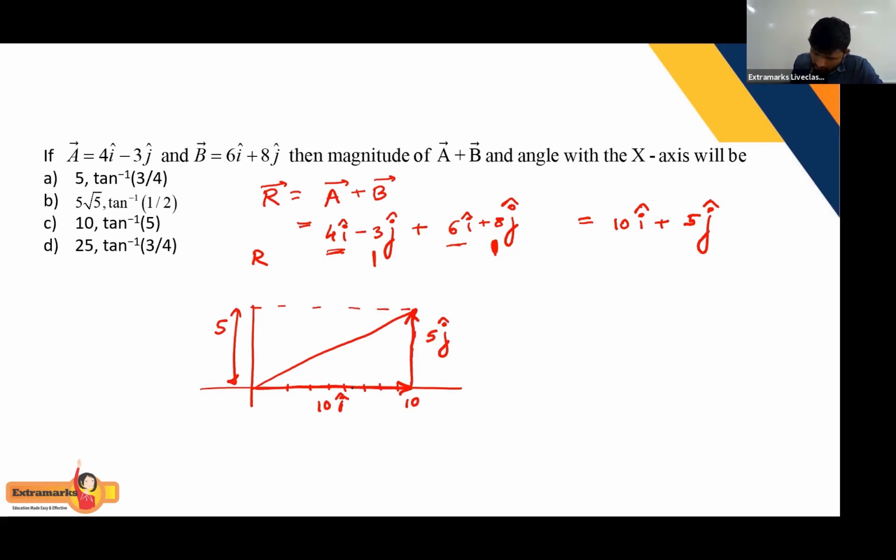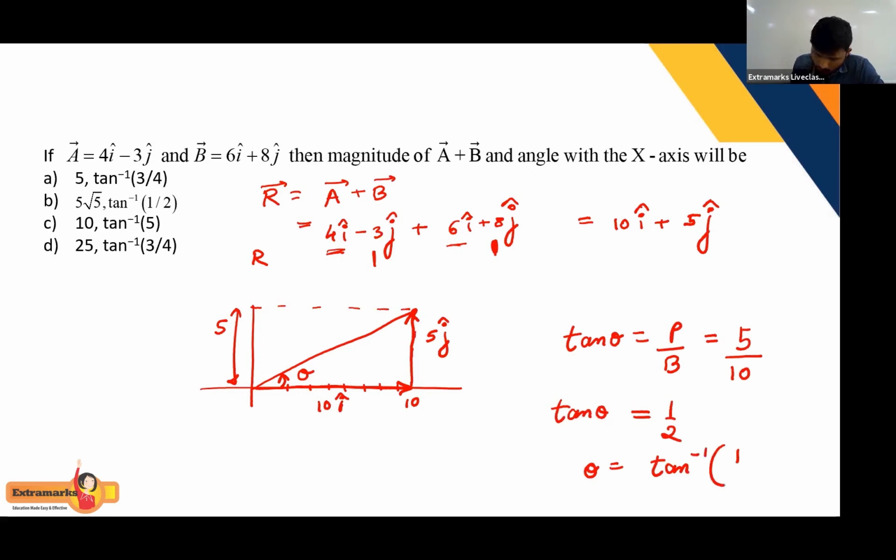Now I want to find this angle theta. So I know that tan theta is opposite by adjacent, that is perpendicular by base. So perpendicular is 5 units, base is 10 units, so I got 1 by 2. So tan theta is equal to 1 by 2, theta equals tan inverse 1 by 2. I got this answer as resultant.